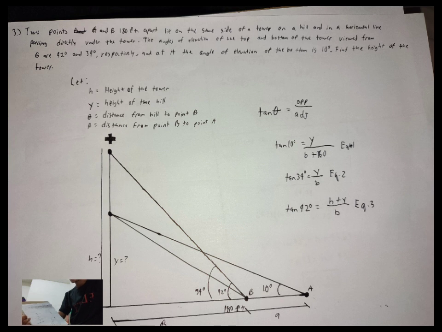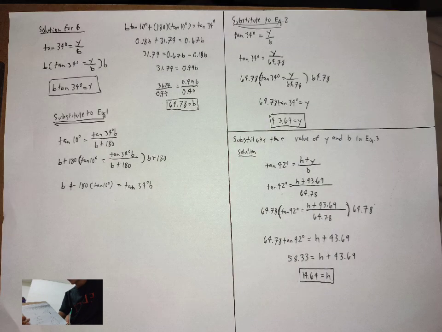So tangent 10 degrees equals Y over B plus 180 for equation number 1. For equation number 2, tangent 34 degrees equals Y over B, the distance to point B. Tangent 42 is equal to height plus Y over the distance from the hill to point B for equation number 3.